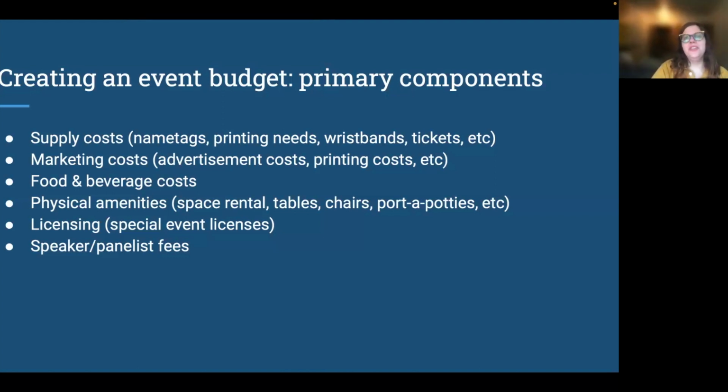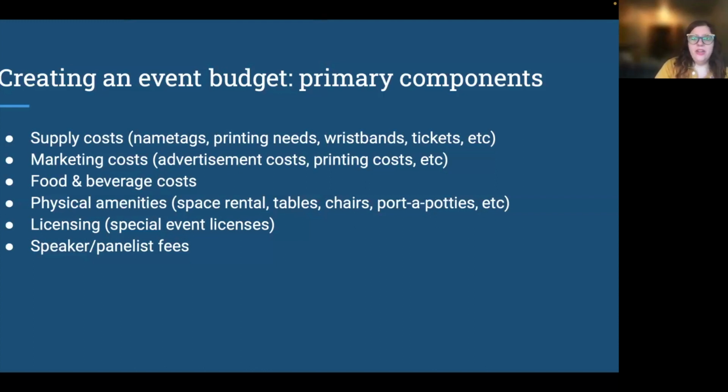So say you plan to do an event in the park blocks, you're likely going to have to provide a lot of the physical amenities because of the event location.